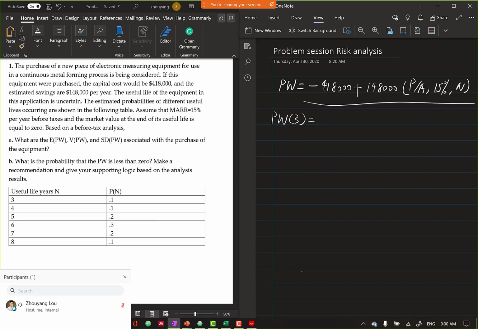So for the year useful life of 3 years, that's going to be minus A0086 present worth. For 4 years, that's going to be 4540, and so on.